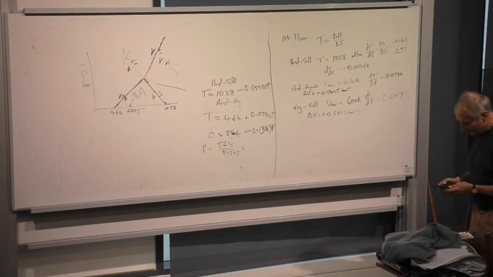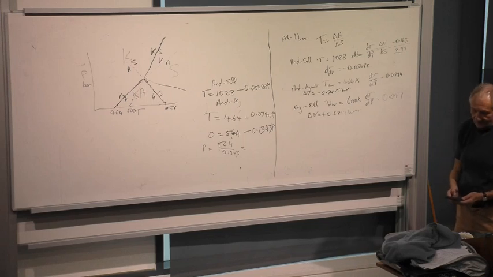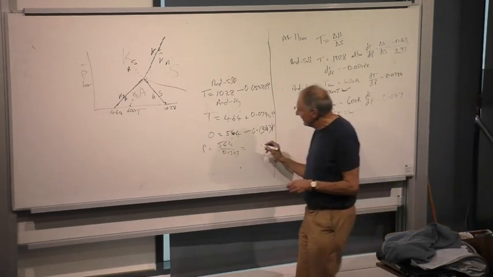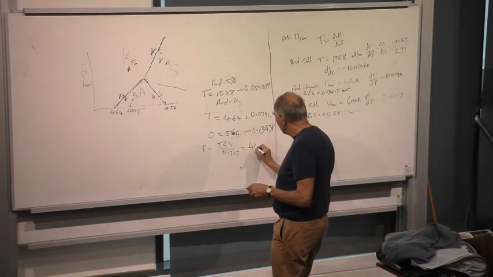Five six four divided by 0.1343. That does not look right. Oh, it does. That's right. 4,200. 4,200 bars.